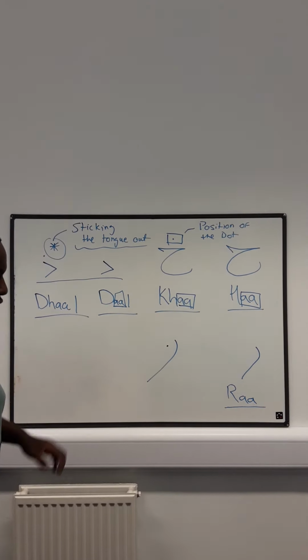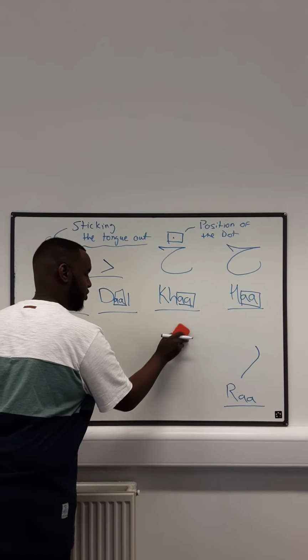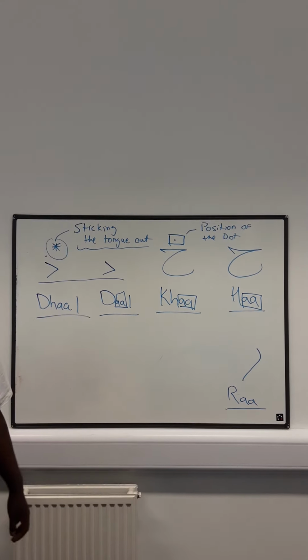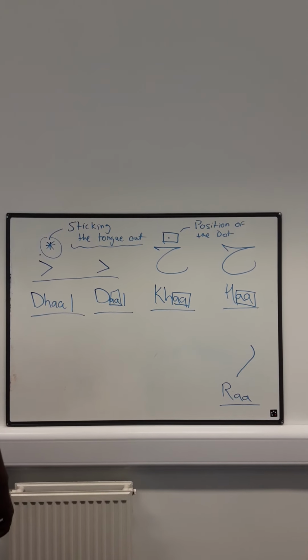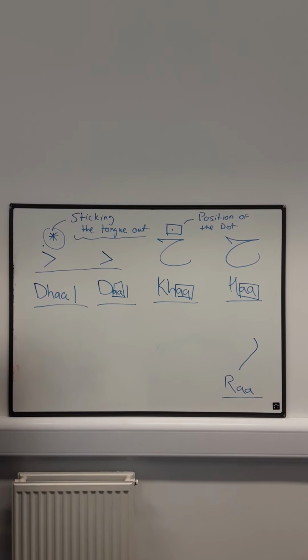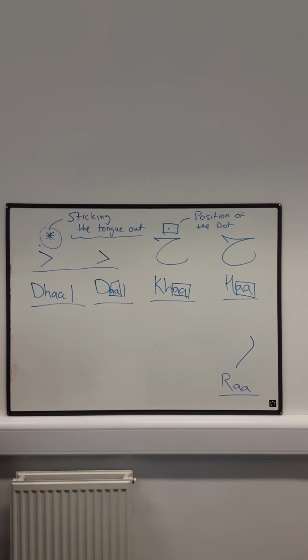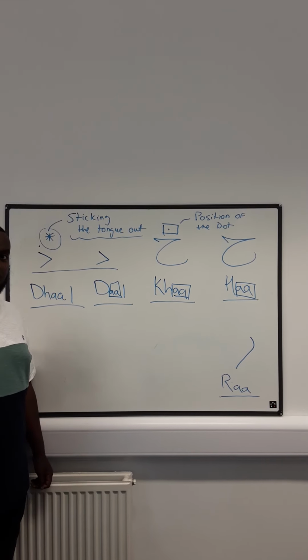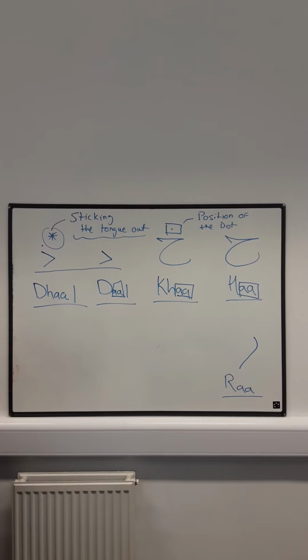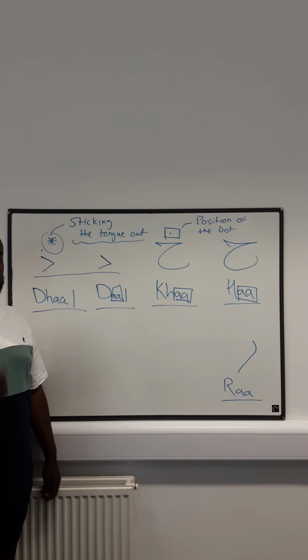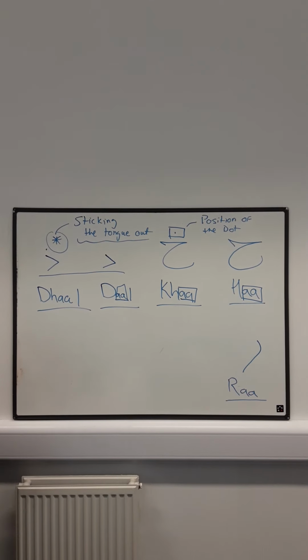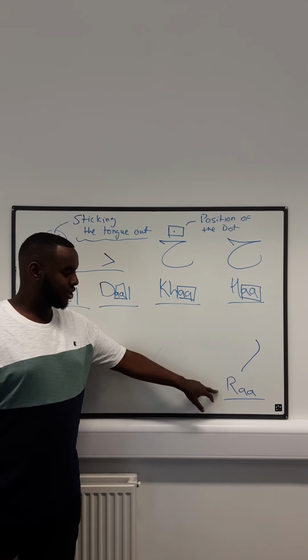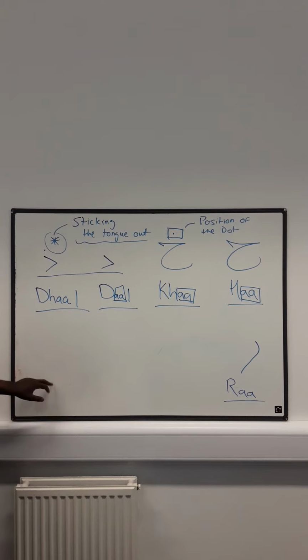I said I'm only going to teach you 5, so you ain't going to know the sister today. This letter is Ra. You know how when we were kids, people go rrr, just to mess about? That little messing about comes in useful when it comes to this letter. Ra, yeah? The letter Ra. And that is the 5th letter that we are going to study today.